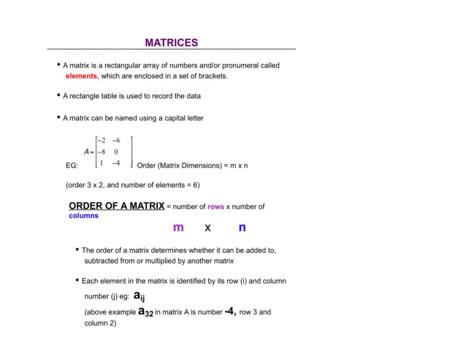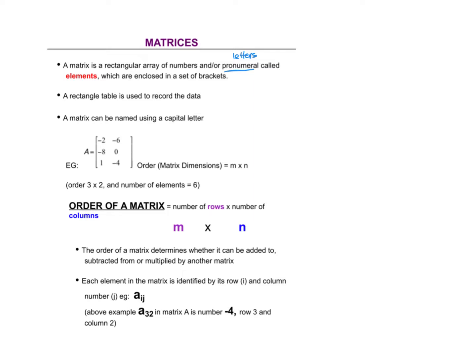Okay, so our first topic this year is matrices. A matrix is a rectangular array of numbers or pronumerals. Remember, pronumerals are like the letters, and these are called elements, which are enclosed in square brackets.